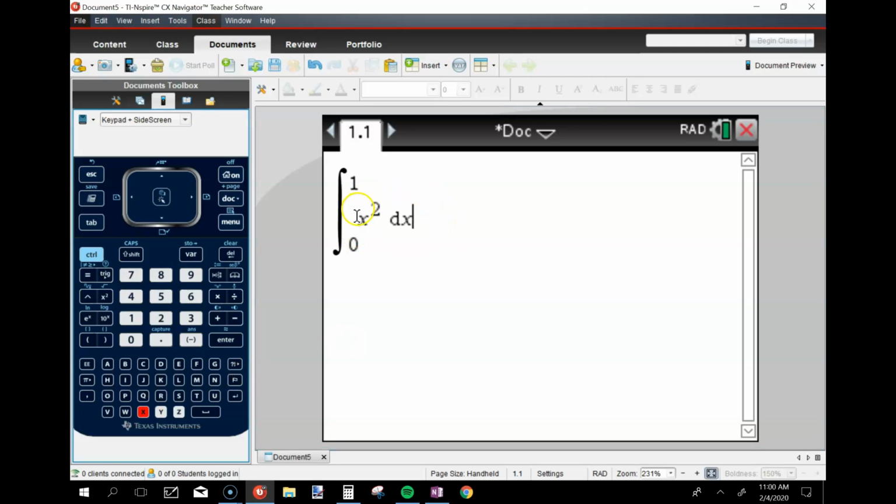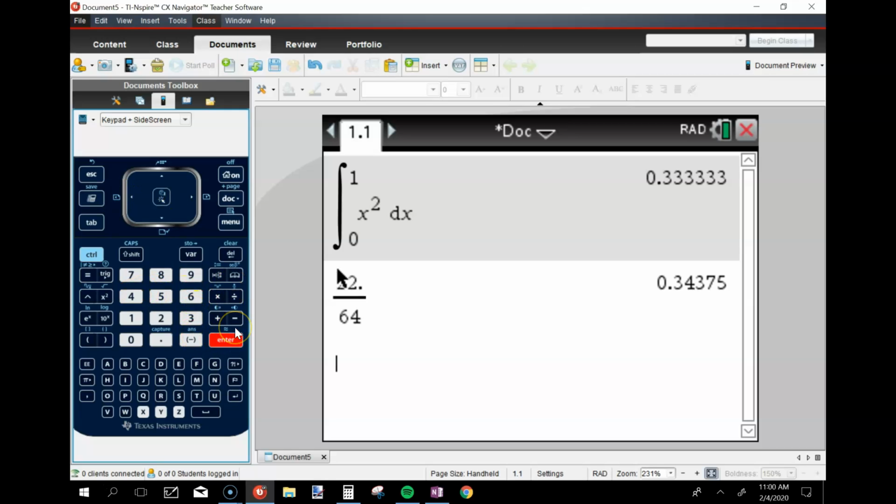What is this going to give me? The area under the curve between 0 and 1 of this function, which is exactly what we were just trying to find. 0.33333, which is pretty darn close to 22/64. So we got a pretty good answer, didn't we?